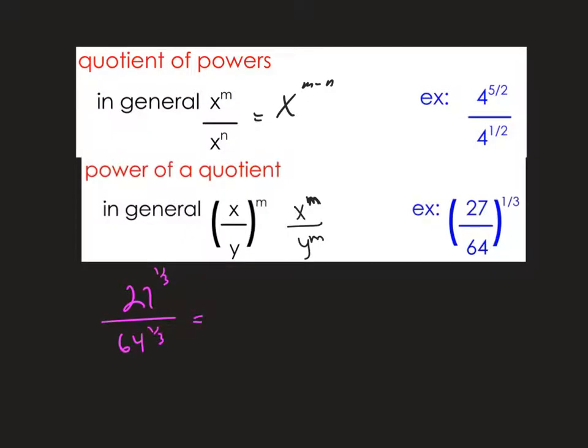So again, you could look at this however you'd like. I see this as the cube root of 27 over the cube root of 64. 3 to the 3rd is 27, so that's 3. The cube root of 64 is 4, so that is going to be 3/4.